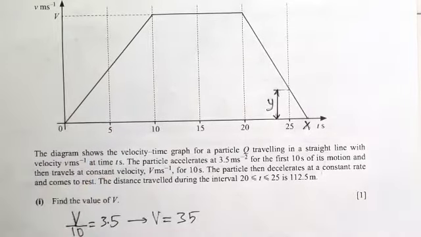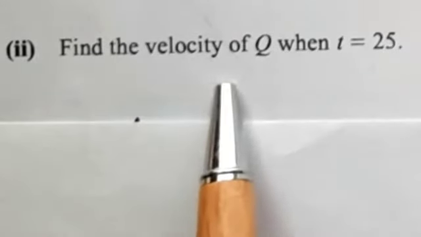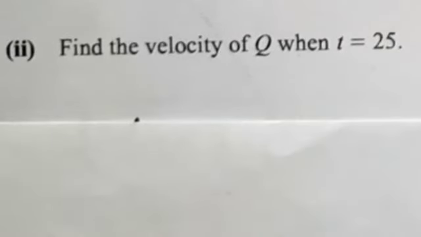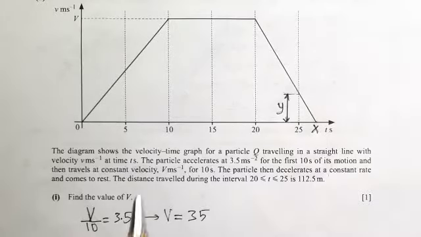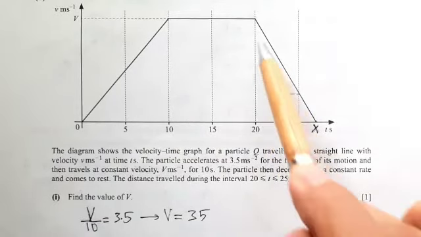That is, the velocity at that time is 35 meters per second. Part (ii): find the velocity of Q when time is 25. Now we will use the information that the distance travelled during the interval from 20 until 25 is 112.5 meters. In the velocity-time graph, the area under the curve is the distance travelled.